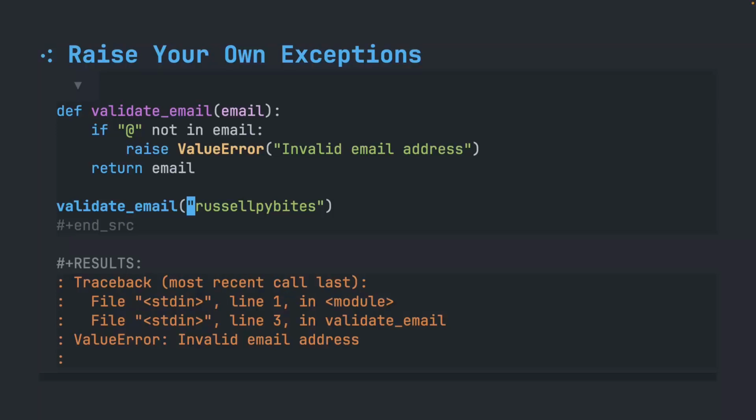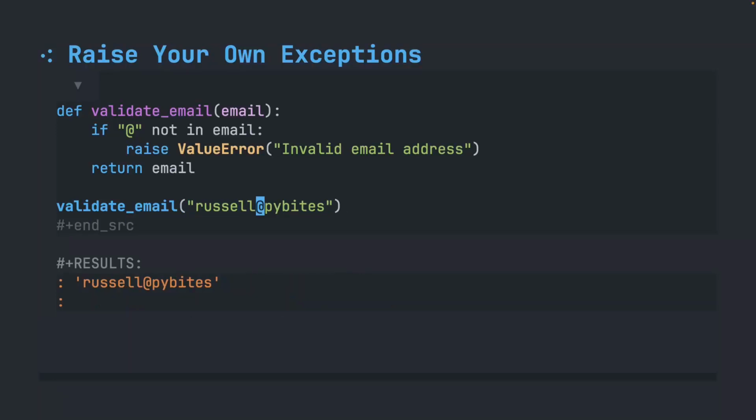And now if I come back up here and I say, no, let me actually put this like so, you'll see that it just returned the email that I put in. Now, technically speaking, this is not a valid email yet. We would need to do a couple more things, like make sure that it goes to an actual .com or a .es or a .org or something like that. But this is just a small example to show you how to raise your own errors.